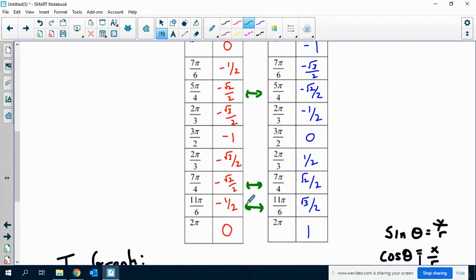Another thing to keep in mind is that if you look at the pi over 6 and pi over 3 reference angles, when you look at sine of one of them and cosine of the other, they should be pretty much the same. One of them in this case is negative and one's positive, but that's not always the case.